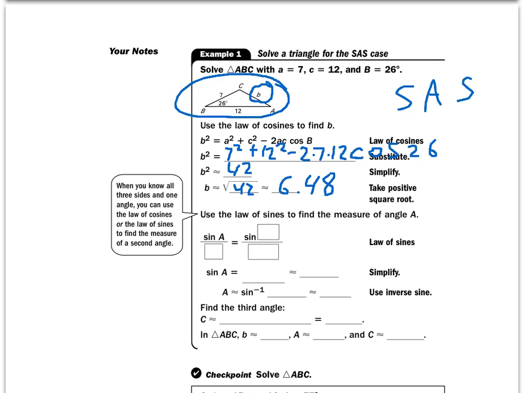6.48. Now, once I know that little b is 6.48, I can do the sine of A, which I don't know, over 7, equals the sine of B, which I do know is 26, over b, which I know is 6.48.